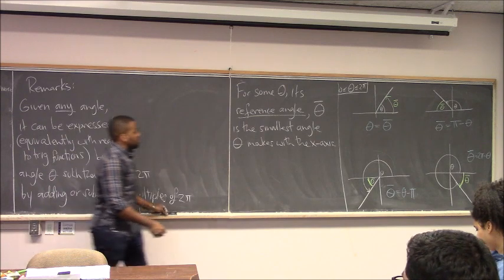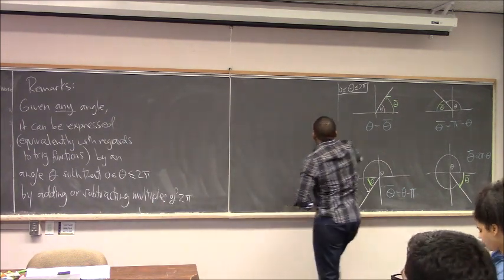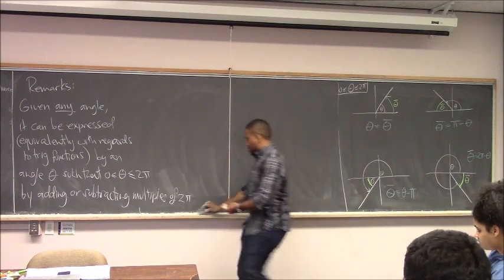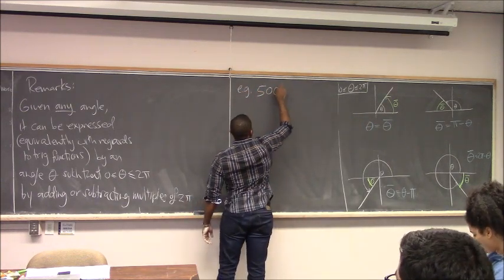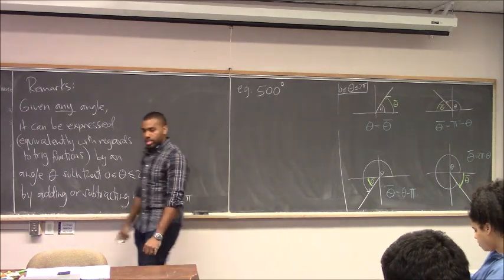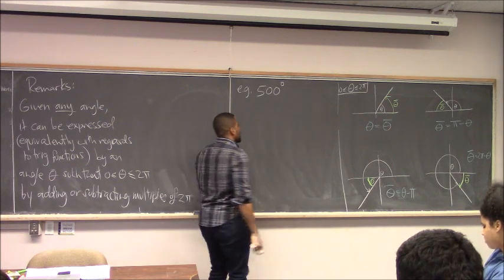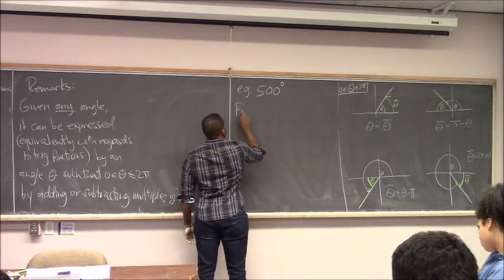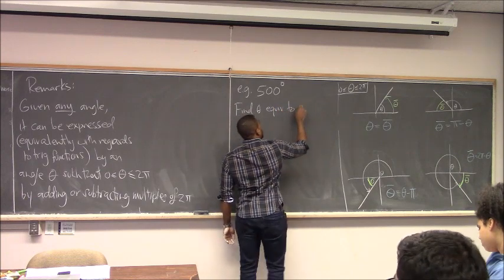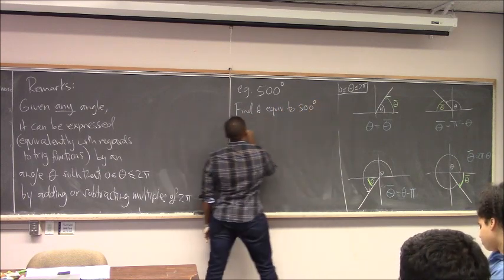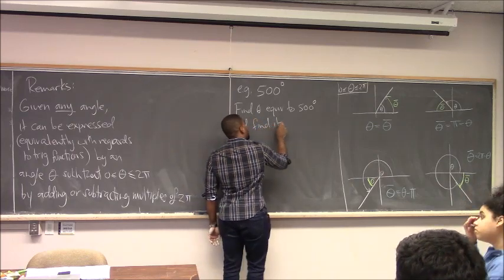So, for example, let's say someone tells you 500 degrees. Let's start with degrees. Find theta equivalent to this, and find its reference angle.